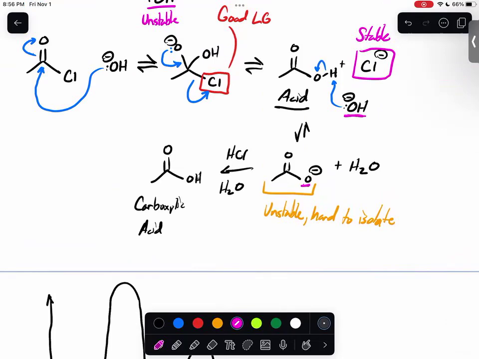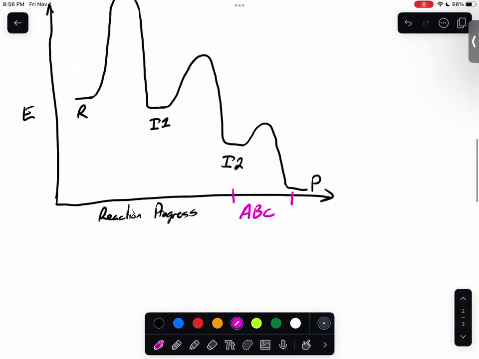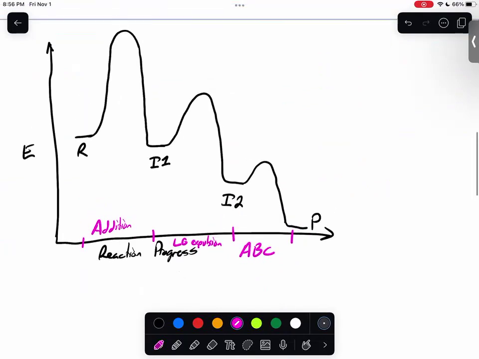And we've talked about many times before why that's favorable. We see that the leaving group expulsion, right, so kicking it out, is favorable. And then the addition from the original step is relatively barely favorable. So overall, the acid-base step in that last step being favorable actually does push it towards a lower energy product.